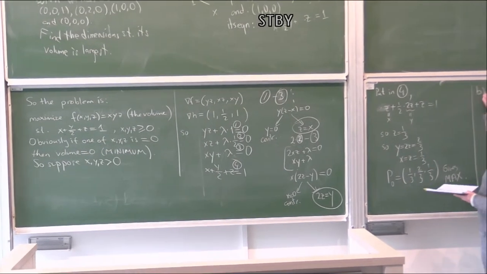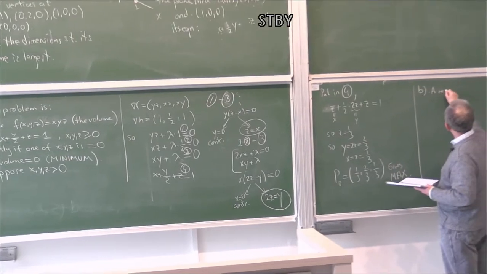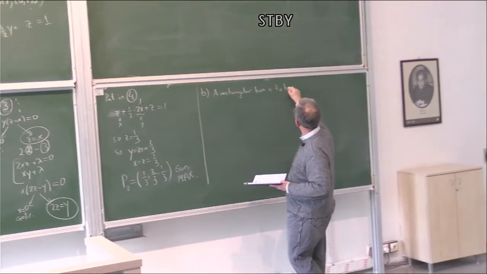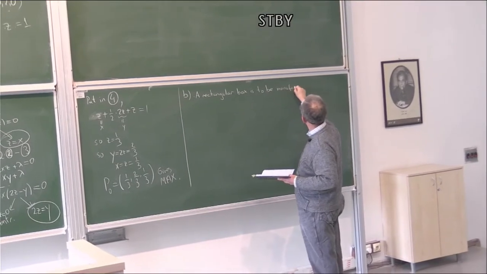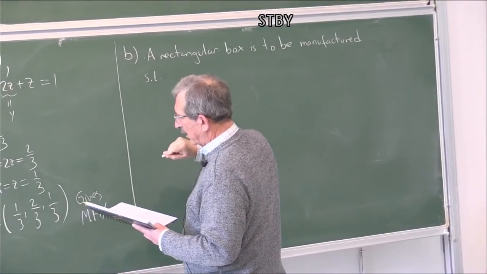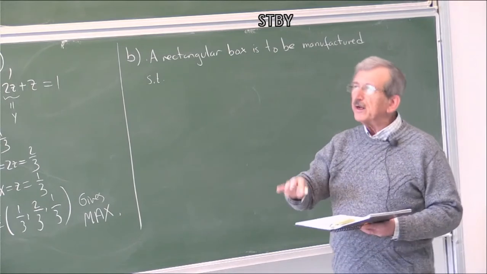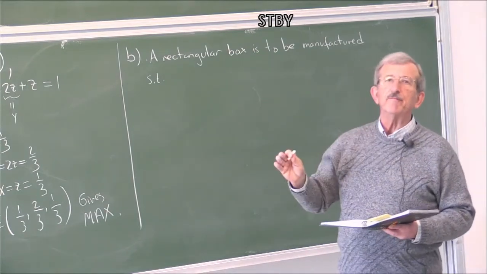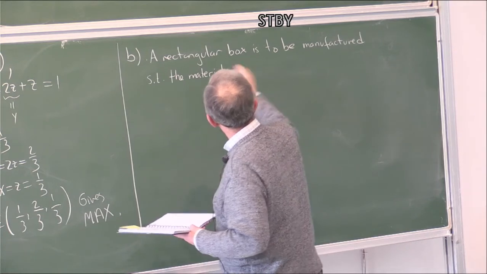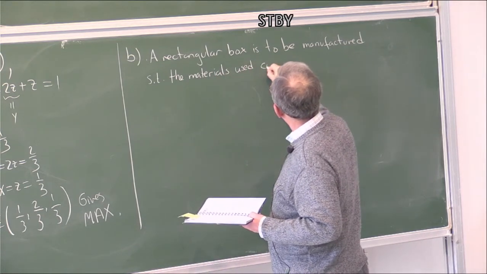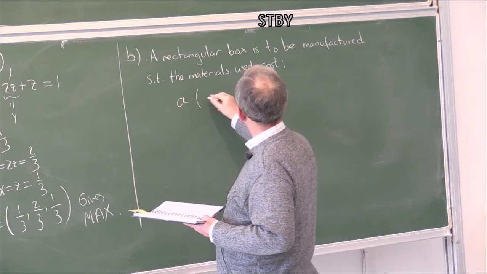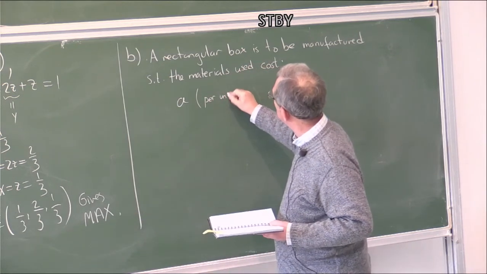That's to say, as a second problem, a rectangular box is to be manufactured, such that the materials that will be used for the bottom, for the top, and for the sides will be different, such that the materials used cost A, of course, per unit square.